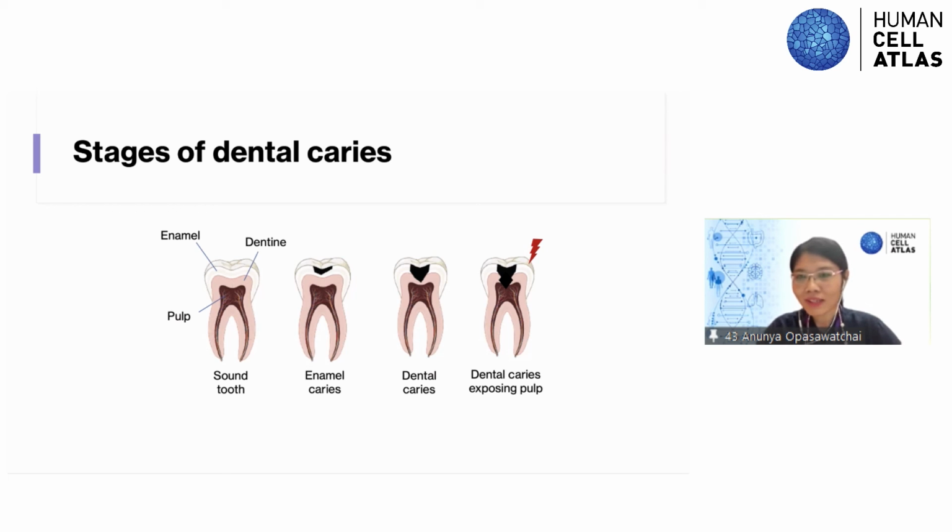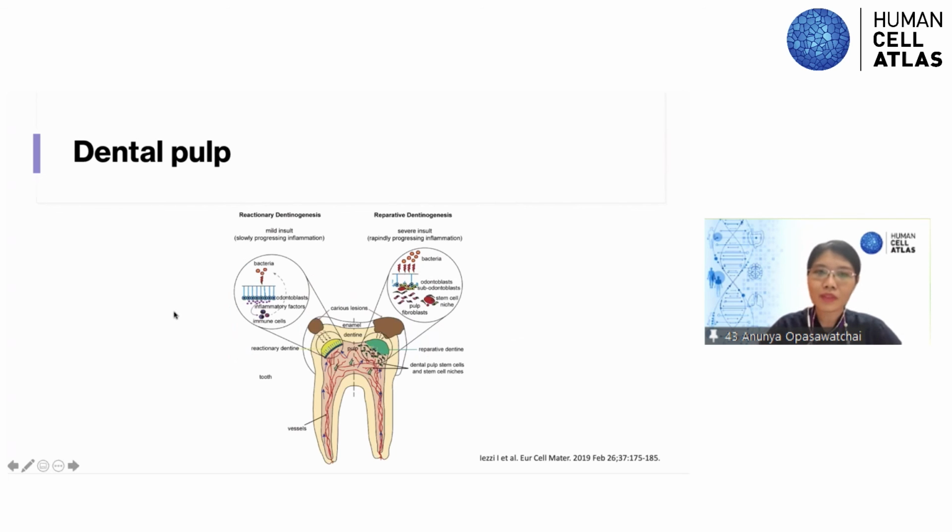And once the bacteria get close to the pulp chamber, or when the pulp chamber is exposed, that's when patients experience sensitivity and pain. The dental pulp is kept in a confined space, so the inflammation in the dental pulp is not easily resolved.